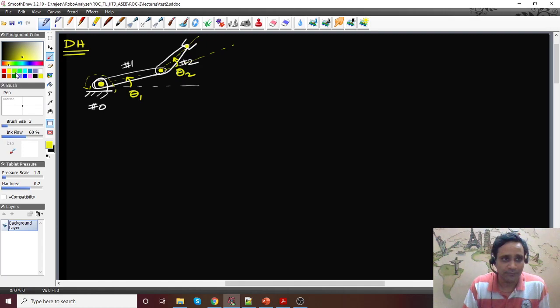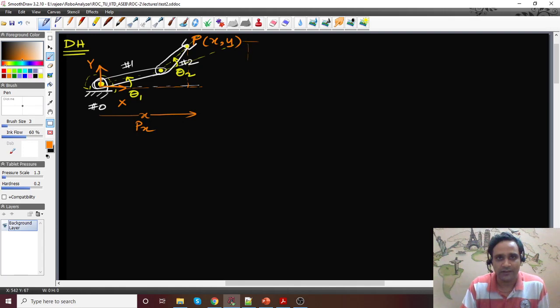Now this particular point, let us call it P, which has some coordinates x and y. Those x and y are calculated with respect to a coordinate frame that is attached here, an xy coordinate frame. If I project this point P, this distance is the x, or we can call it px.